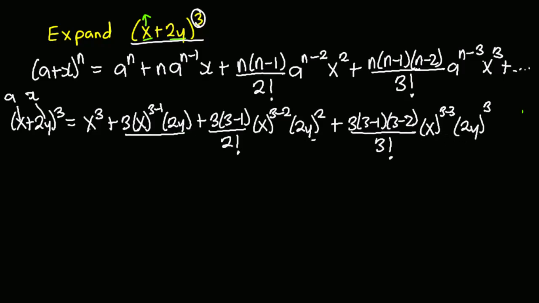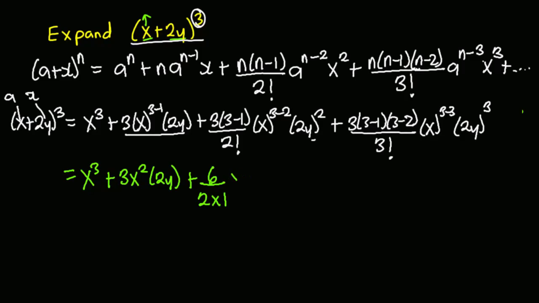Now to continue, let me break this down. So that will be x cubed plus 3x squared, multiplied by 2y plus 3 times 2 will give us 6. 6 divided by 2 factorial, so this is 6 divided by 2 times 1.